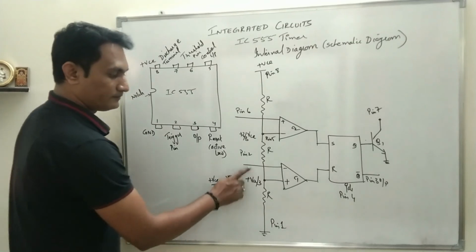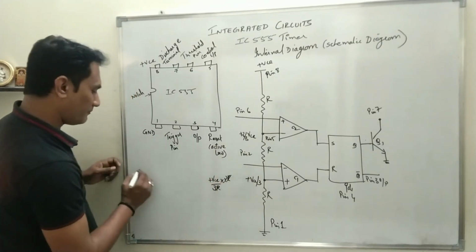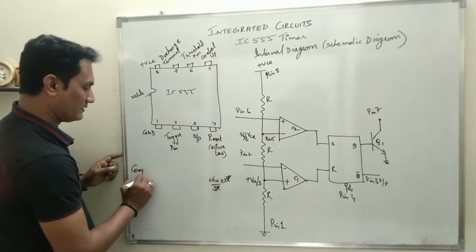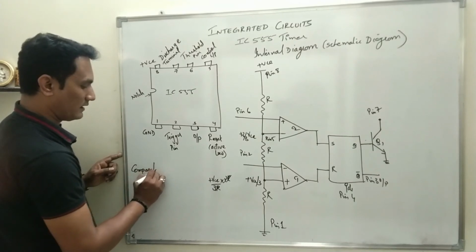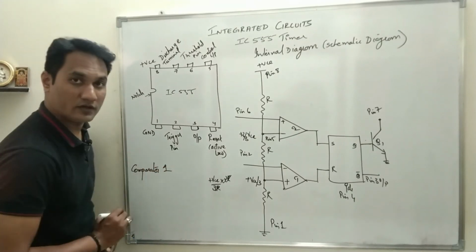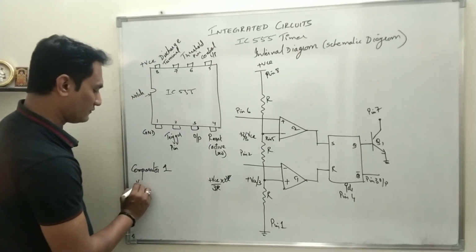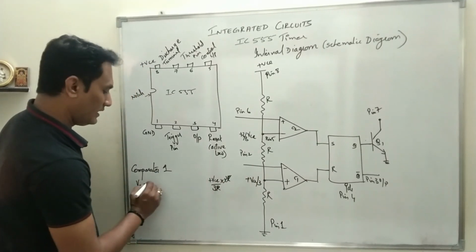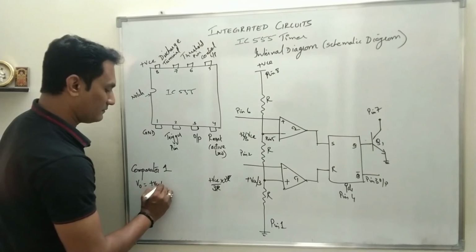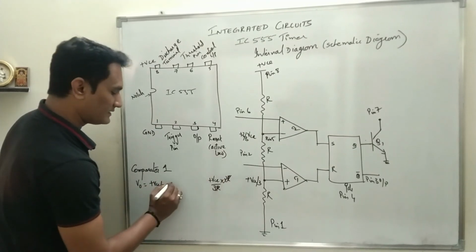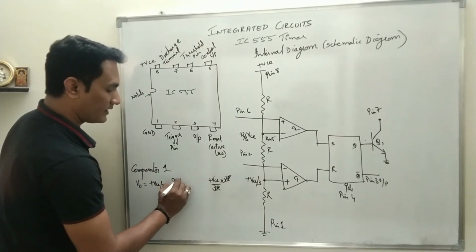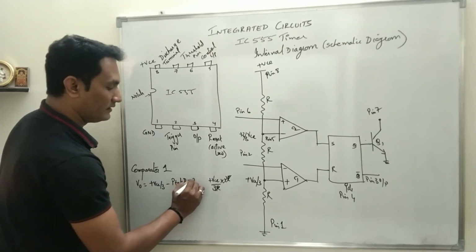That means for comparator 1, the output, which I will call V0, will be plus VCC by 3 minus the potential at pin 2.